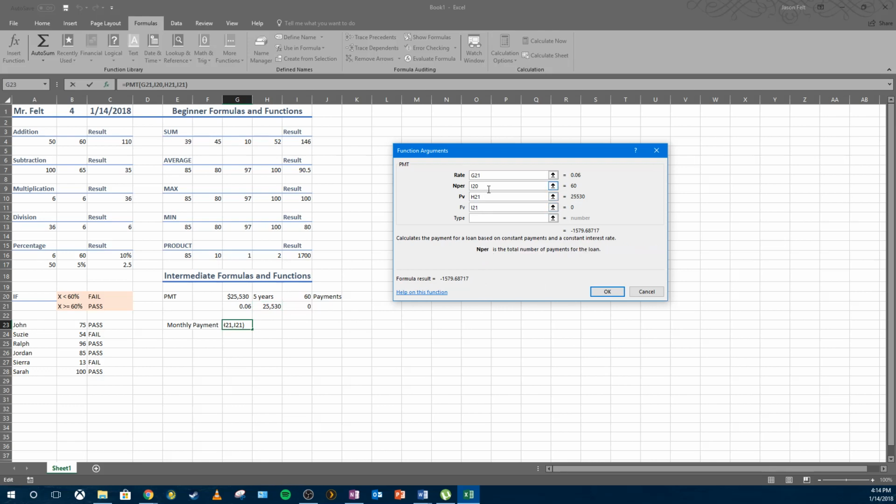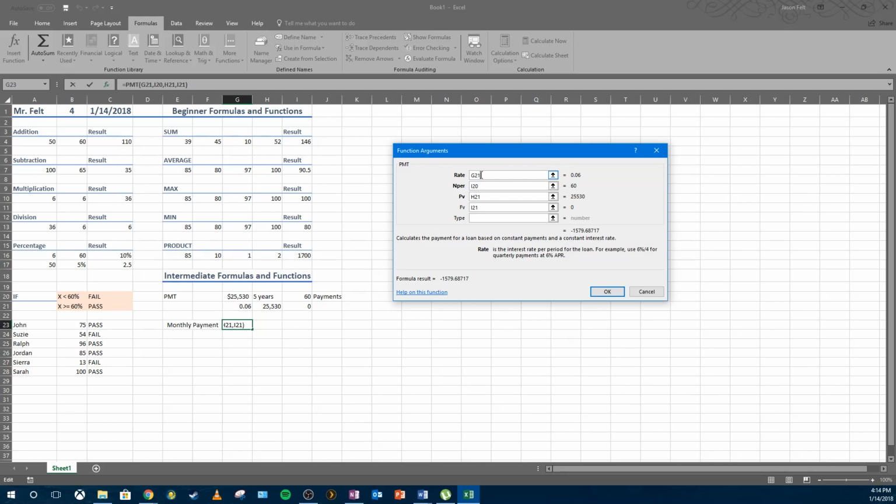Ooh, I'm sorry. I messed up. I was looking at this and I was like, wait a second, that's not right. $1,579. What this rate is, it's the interest rate on a monthly payment. You don't pay 6% on every one of your payments.